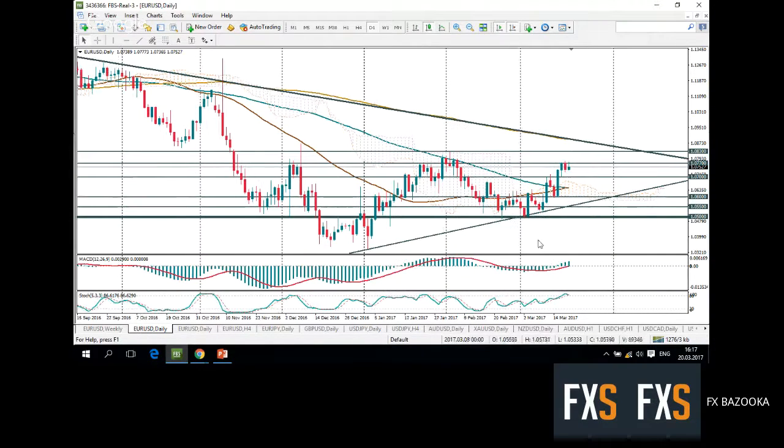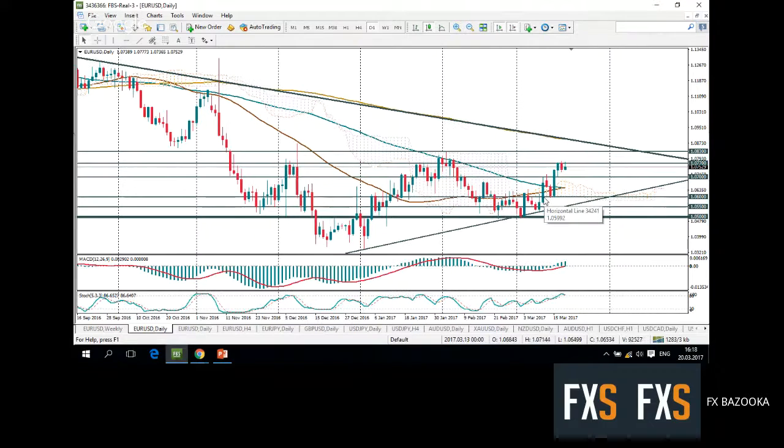So if we analyze the events of the past week, we may see that the pair initially went down to test the 106 mark, but this round level, this big figure, provided support. Also, support was provided by the bottom of the daily bullish Ichimoku cloud, and then there was an increase. The pair surged and approached the 108 mark.